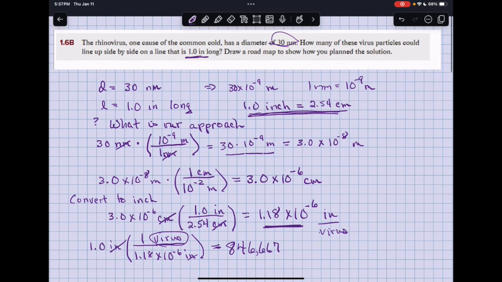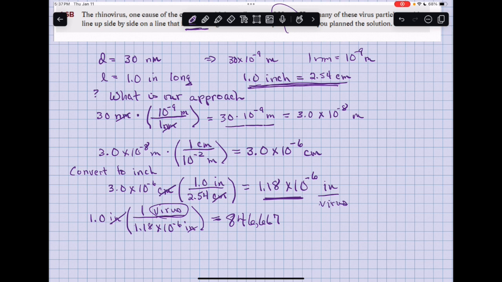So we'll note that we've got 30 nanometers. Now, the way that's written, with the 30 nanometers, since there's no decimal point after the 0, the 30 nanometers has one significant figure. On the other hand, if it was written 30 with a decimal point, that would have two significant figures.